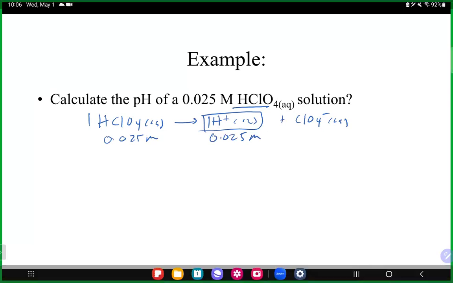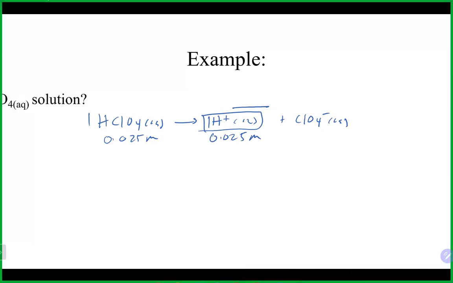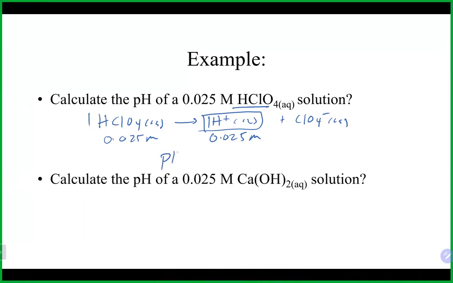So the concentration is the same in this case, and that means our pH will be the negative log of 0.025. In this case, that's going to give us a pH of 1.60, which is acidic, and that does make sense.